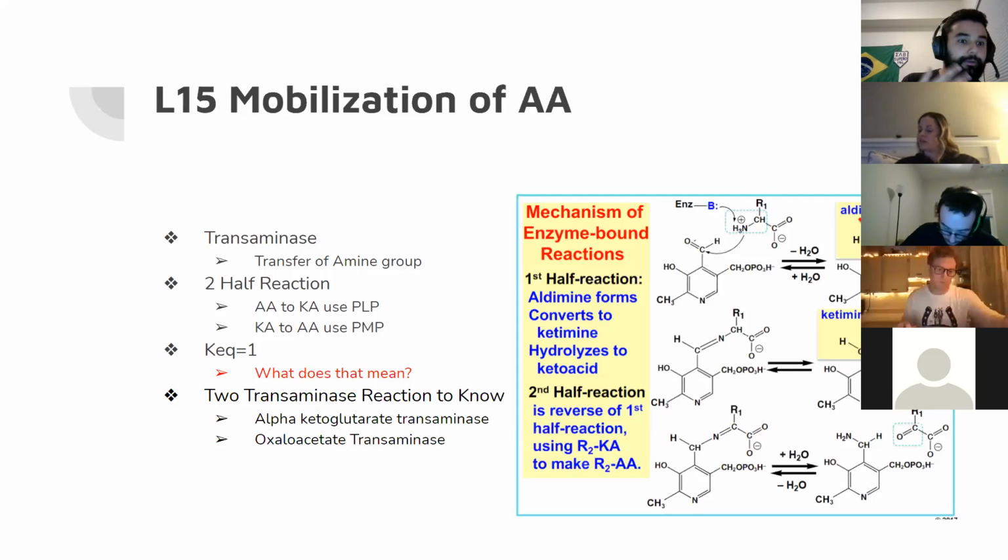That's when we start creating proteins, in that high energy state. So I could imagine that insulin would activate the PMP or inhibit the PLP to allow more amino acids to be formed.